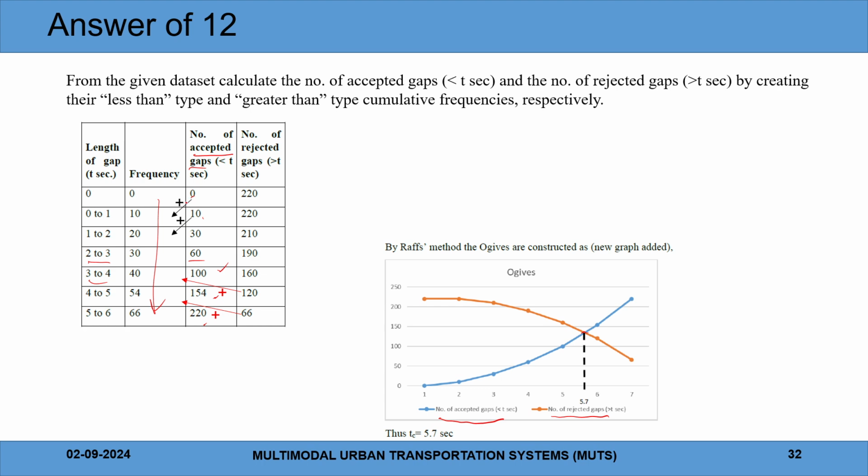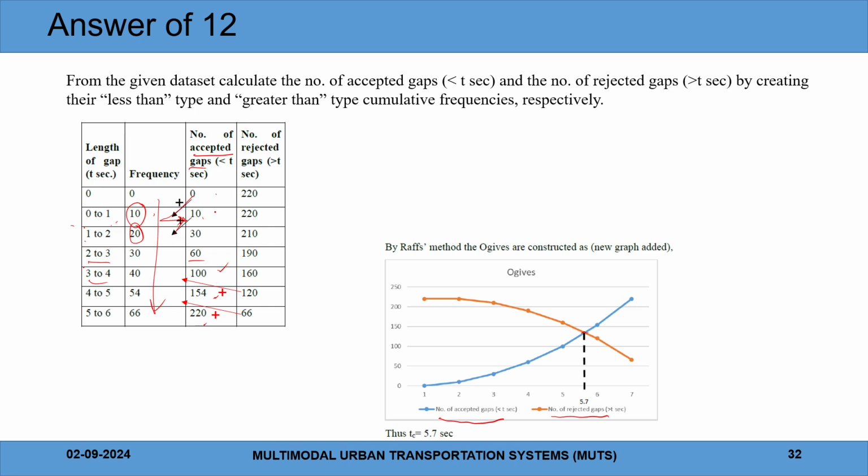It is basically 0 plus 10. This means the frequency is given for every second, for 0 to 1, 1 to 2, 2 to 3, and the cumulative one gives the total number of people who accepted that gap. That will be done by adding the cumulative numbers.